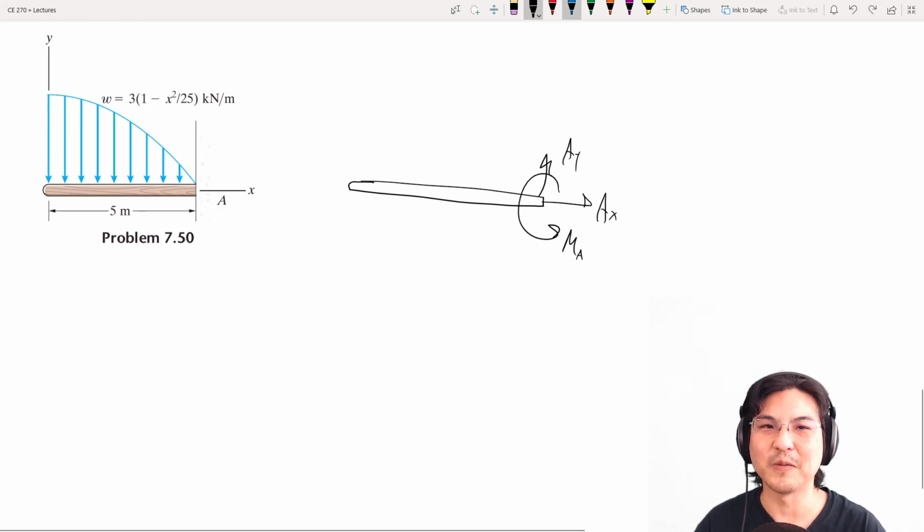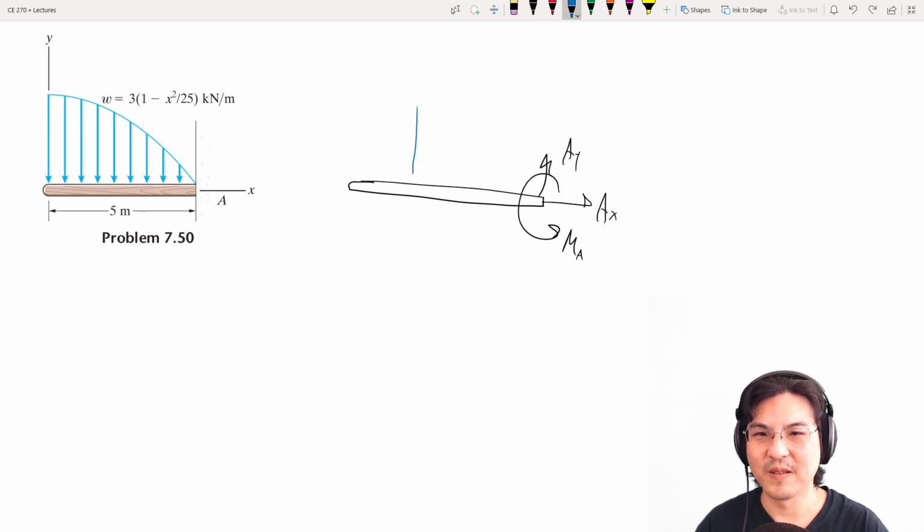It's just a single force, this much. The magnitude is the area of this shape, and the position is the centroid of this shape. So all we need to do is find the area and then the location of the centroid.